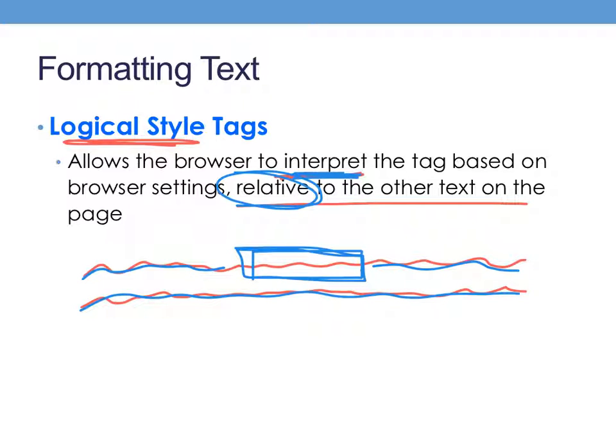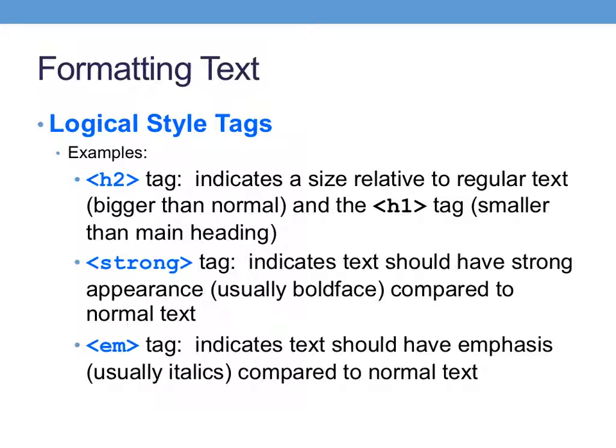They look at what the browser settings are and then apply that tag relative to the other text on the page. A couple of examples of logical tags include the H2 tag, which we've already learned, and what it actually tells the browser is that that needs to be the largest heading size on the page relative to regular text and relative to other headings. The strong tag is one that we'll learn in just a second.